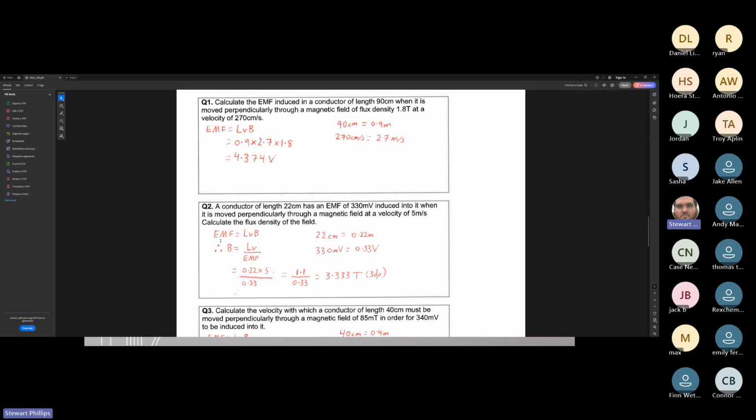For the next question, we needed to rearrange the formula. So we needed to divide both sides by EMF, and then divide both sides by B, or take away B. We just move the B to the other side.